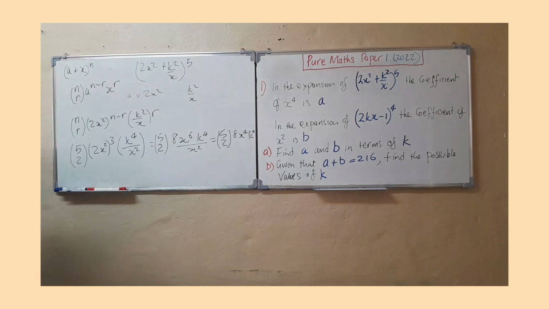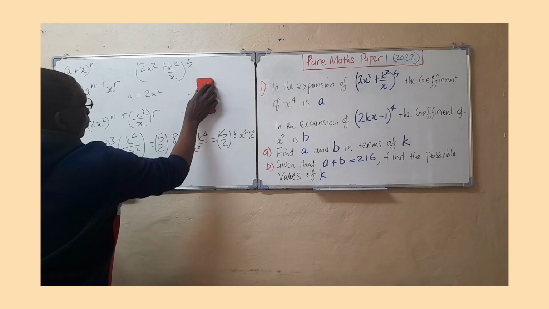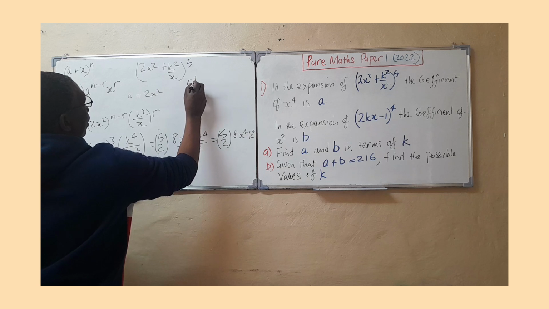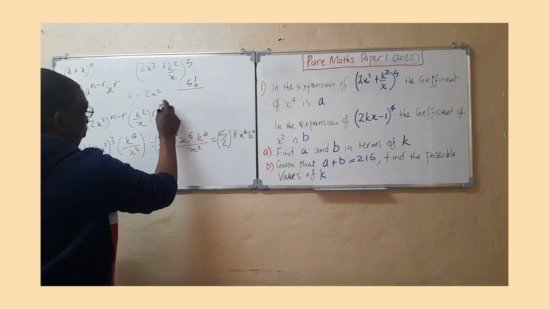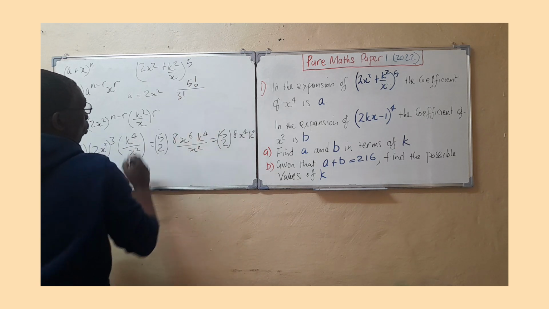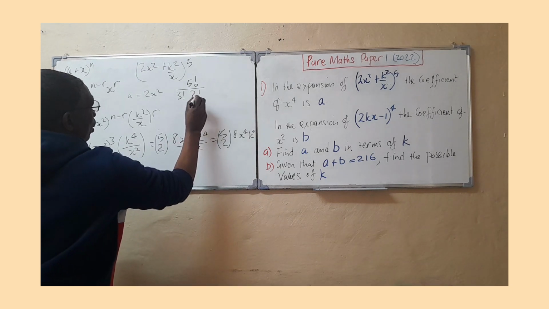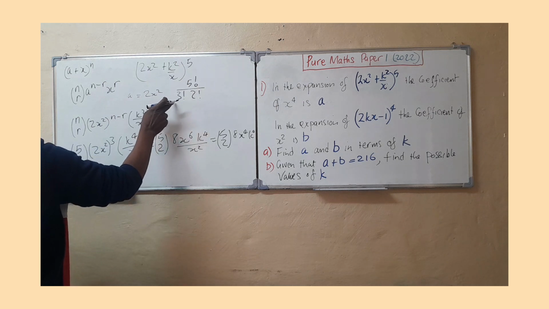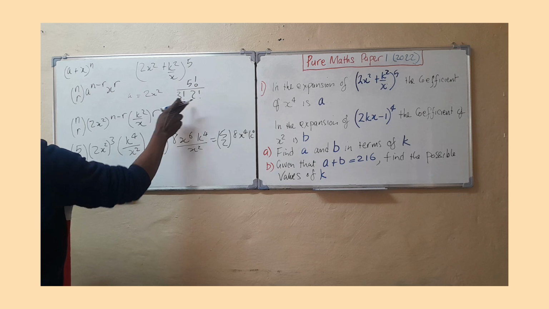Now we need to deal with our 5C2 there, the coefficient. We know that 5C2 is 5 factorial divided by (5 minus 2), which is 3 factorial, divided again by 2 factorial. Remember, it's n factorial over (n minus r) factorial times r factorial.